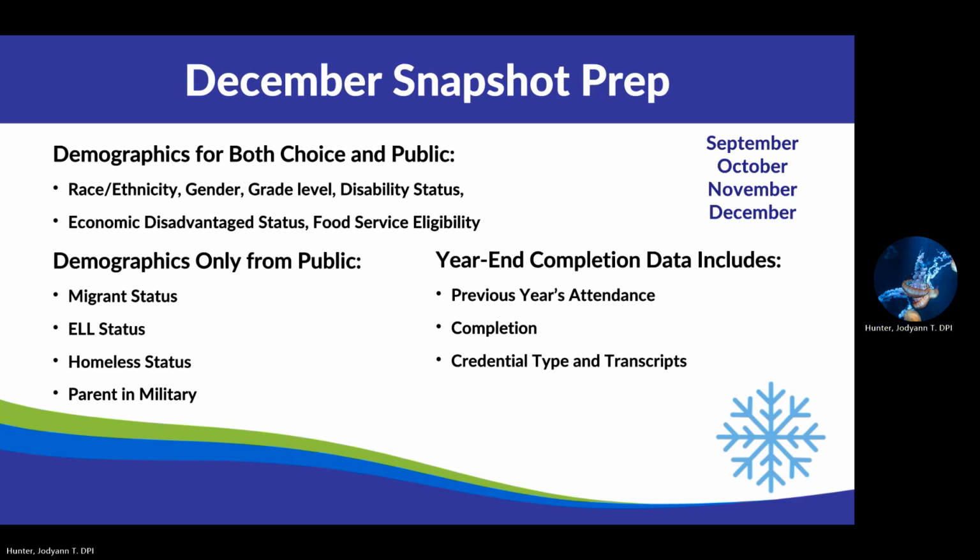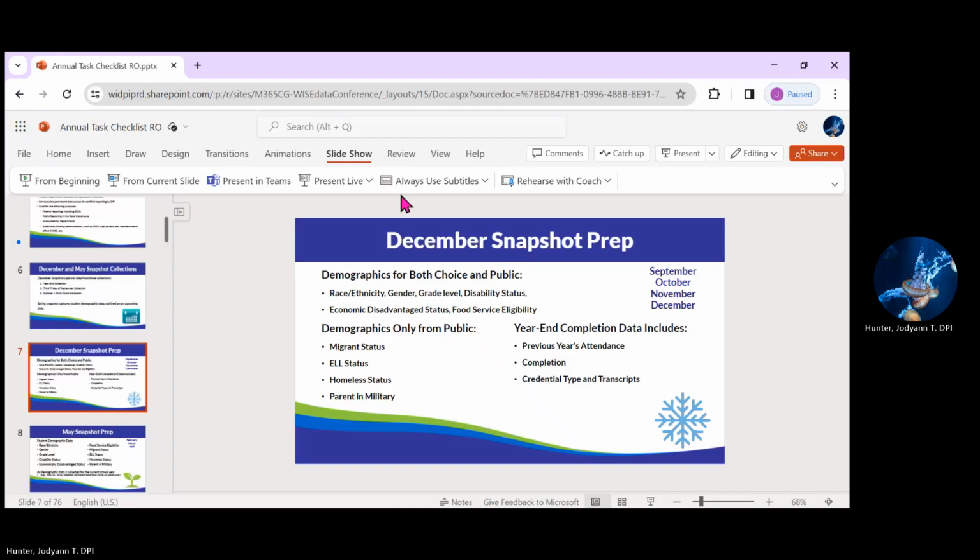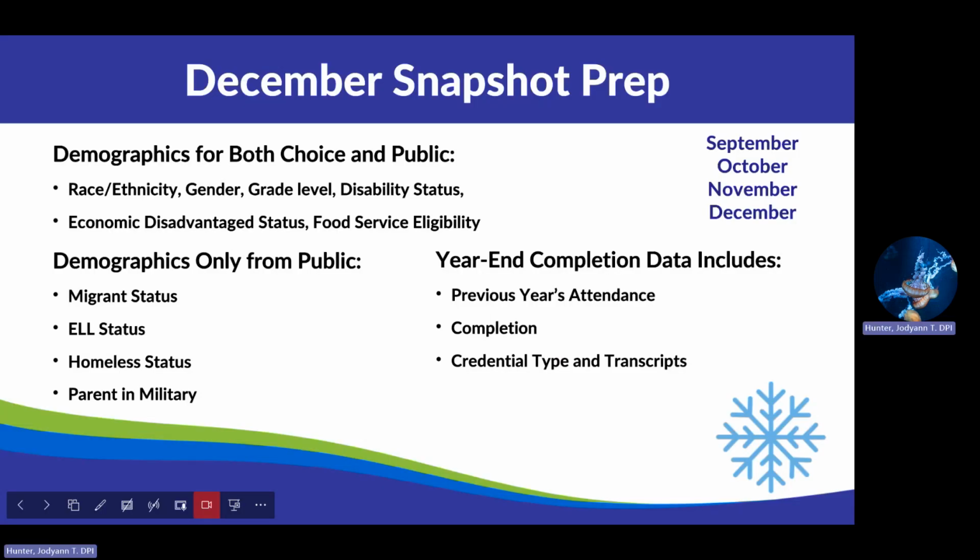So for the December snapshot prep, the data that is collected that we're going to go over right now is demographics. Demographic data is required for both choice and public schools. This includes race, ethnicity, gender, grade level, disability status, economic disadvantage status, and food service eligibility.